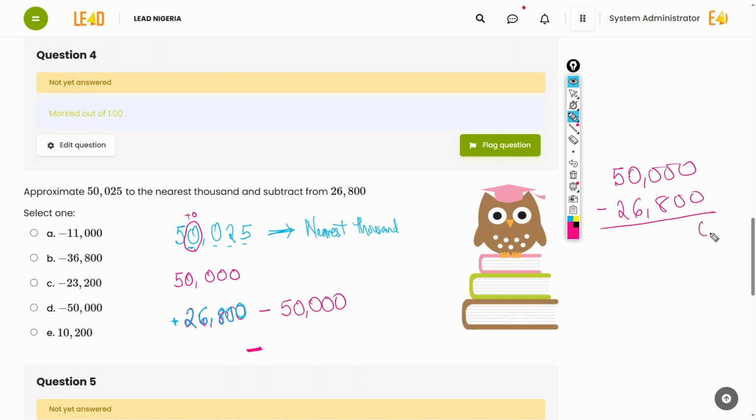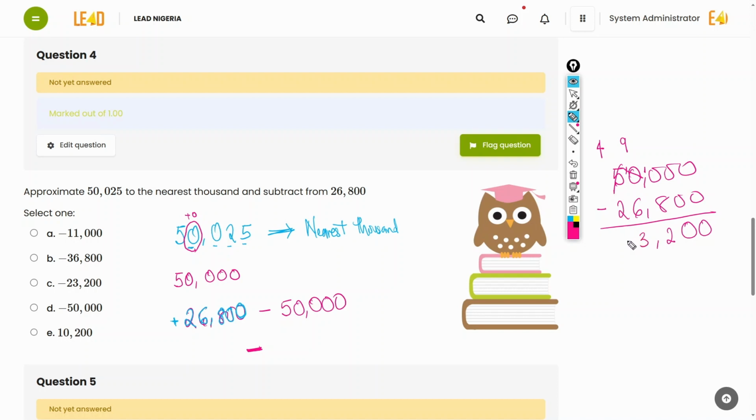0 minus 0, 0. 0 minus 0, 0. 0 minus 8 doesn't work, so we go back to borrow. We'll have 4 here. Borrow 1, 10. Take 1 out of that 10, you have 9. Put the 1 here, 10. So we have 10 minus 8, 2. 9 minus 6 is 3.